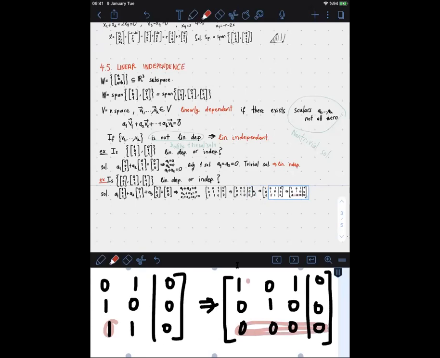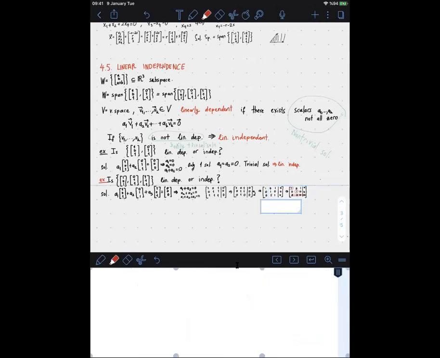This is a free variable, but a3 has no free variables. Yes, we can directly deduce it from the first. Since the third vector is the first vector plus the second vector. But I wanted to do it this way so that we go over this computation again.